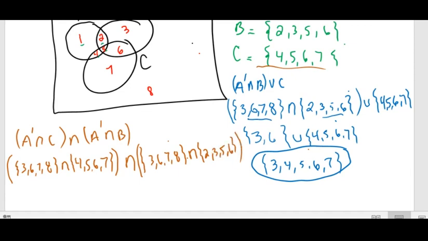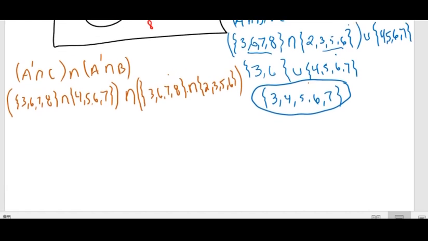Okay, so now we can work each of the parentheses. Intersection again means what does this have in common with this? And so here we're going to have 3 is not in both, 6 is in common, 7 is in common, and that's it. Then we have this intersection symbol, and this intersection is what do these two have in common?